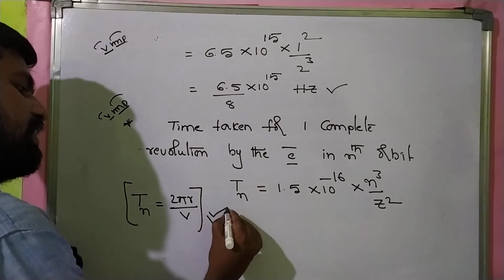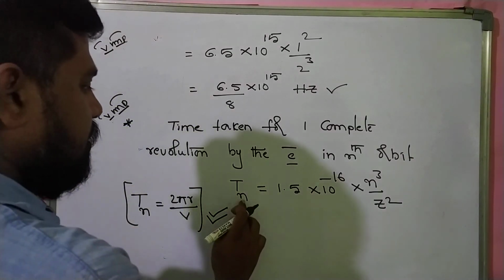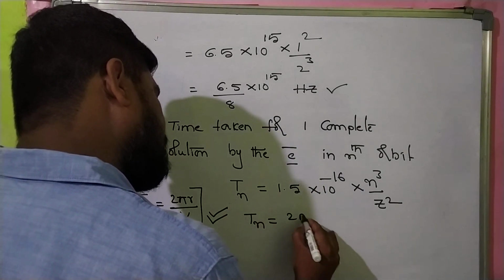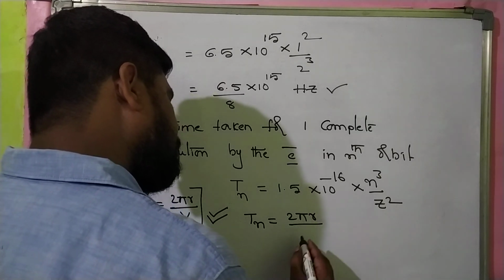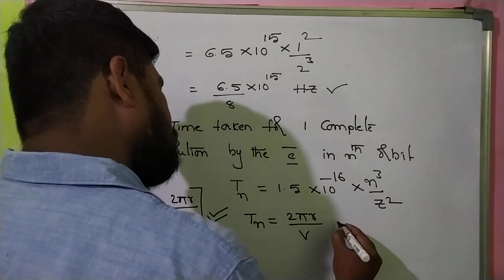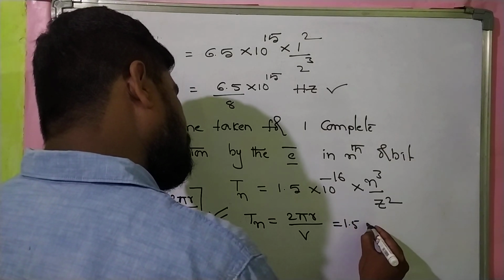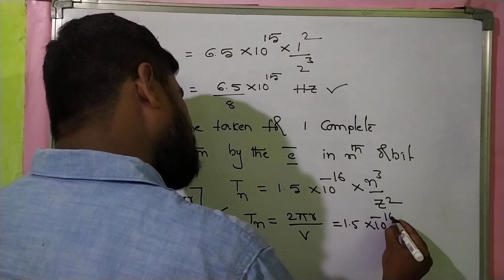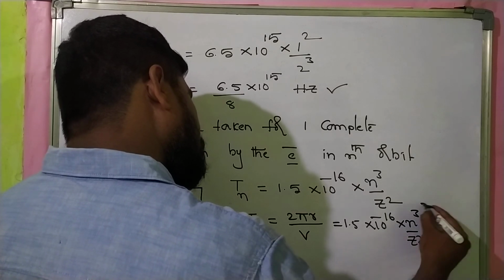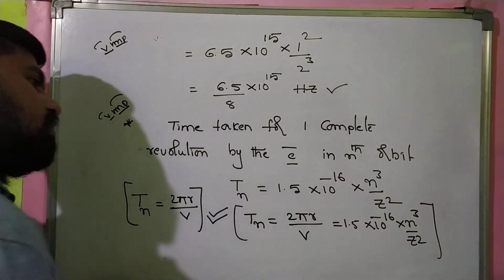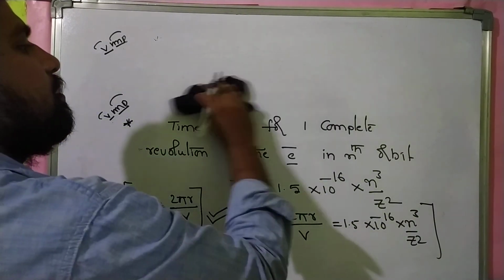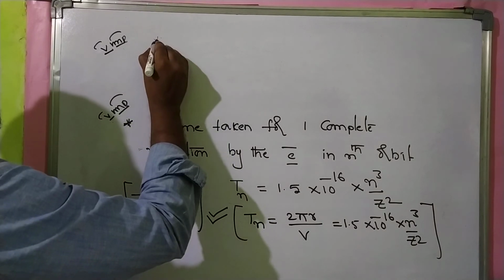This is very important for NEET and JEE Mains. Tn equals circumference of the orbit by velocity of that electron in that orbit. So that equals 1.5 into 10 to the power of minus 16 into n cube by Z square. Very, very important. All of you note this.